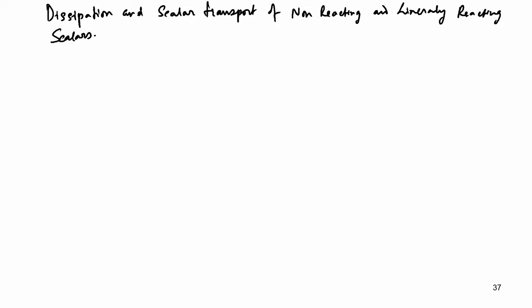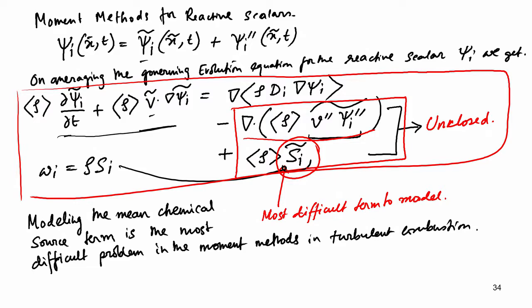As we have seen previously, this term is also unclosed, and this is also a major problem. This is the turbulent transport of the species, which is similar to the Reynolds stress terms, but here it is in terms of the species. Essentially this is the covariance of the velocity fluctuations and the species fluctuations, and the Favre average of that. So, how can we introduce a model for this?